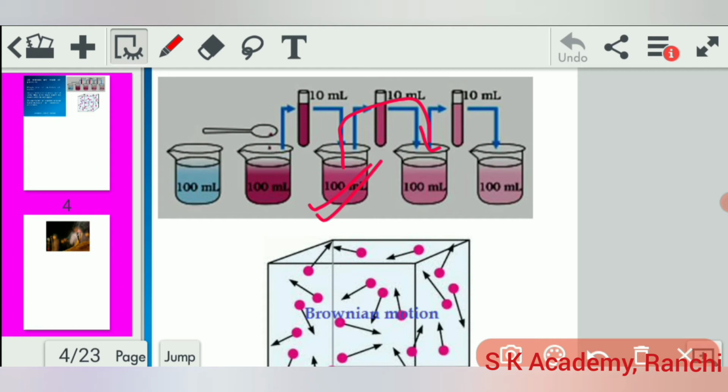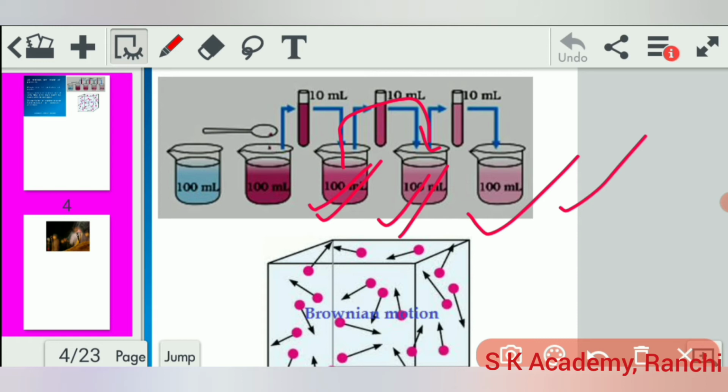You will again see that the whole 100 ml water gets colored. And if you keep on doing this again and again, you will find that water gets colored even after 4, 5, 6, 8 times we do the same thing.